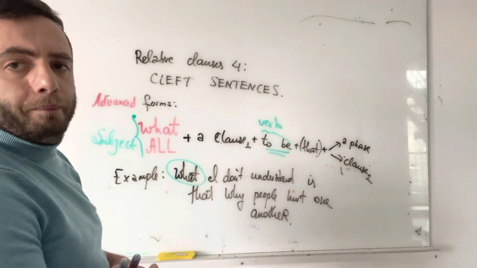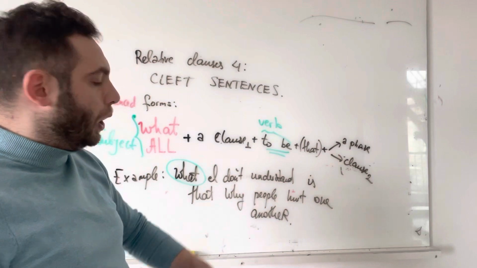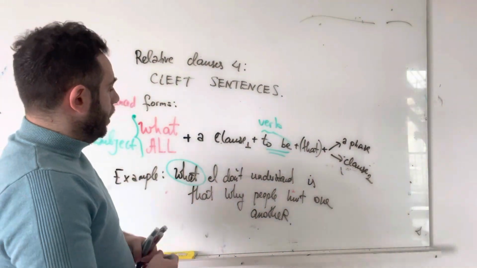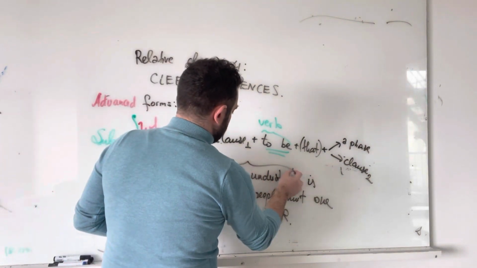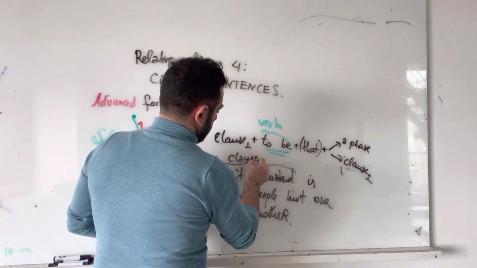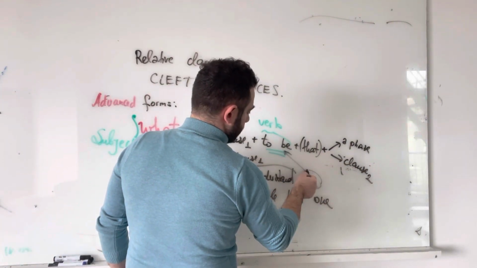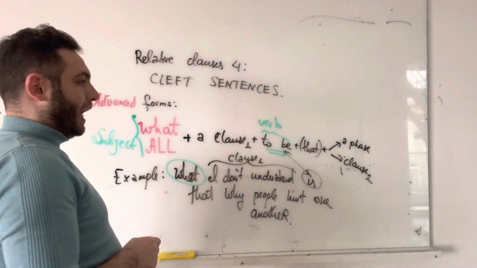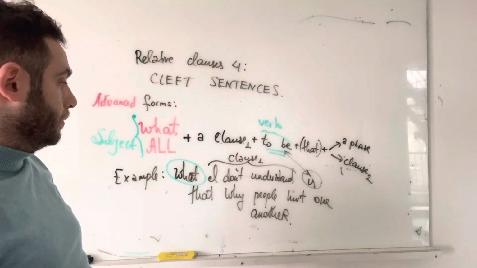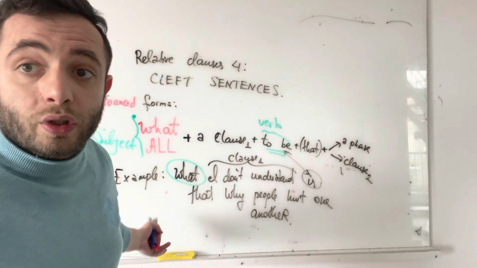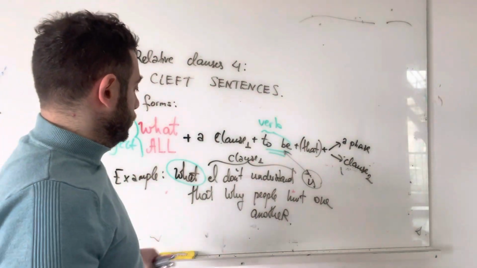Now, okay. So what I don't understand is that why people hurt one another. Here, I don't understand is a clause. Let's write a clause one, and is to be formed here. We have written that as just optional, but this time I kept it here. Or we can also omit it. The sentence is also true. In that case, the sentence is also true.